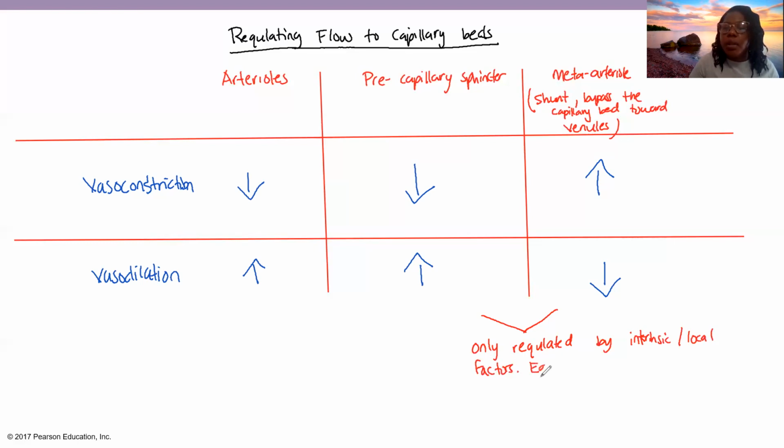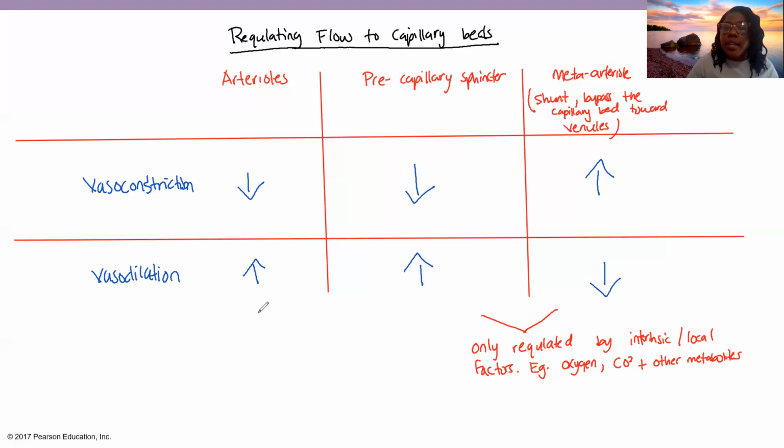Example, oxygen, right? That's going to be a local factor. CO2, those other metabolites, CO2 and other metabolites. These are the only factors that influence the precapillary sphincter and the meta-arteriole.